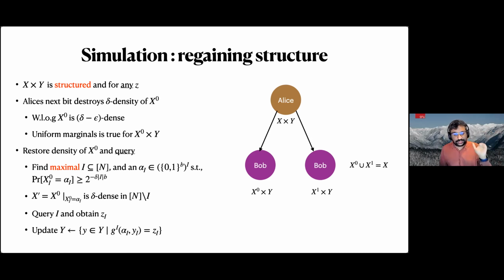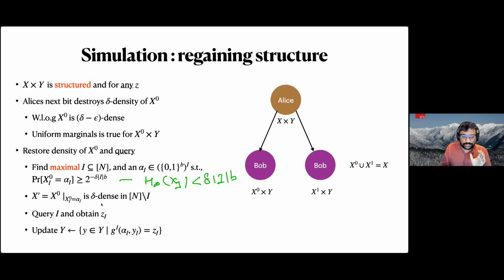So there must be some subset I of n and a witness alpha I such that the probability of xi being alpha I is strictly larger than 2 to the minus delta |I|b. This is equivalent to saying that H infinity of xi is strictly less than delta |I|b. This is from the definition of min entropy.